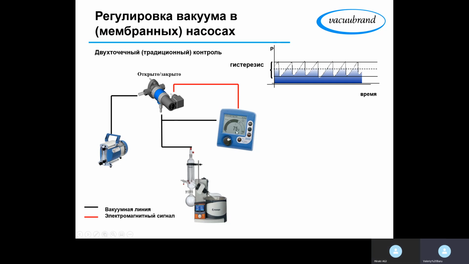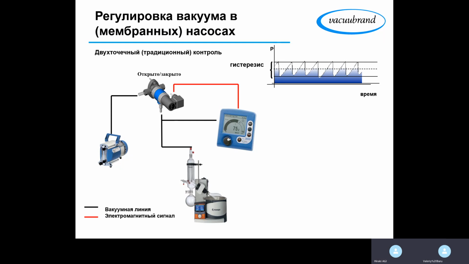We set on the vacuum controller 75 millibars, and we set a delta P of 5 millibars. So when the vacuum reaches 75 millibars, the controller tells the valve to close. The valve closes, and it will open only when the pressure reaches 80 millibar, because we set delta P of 5 millibars.